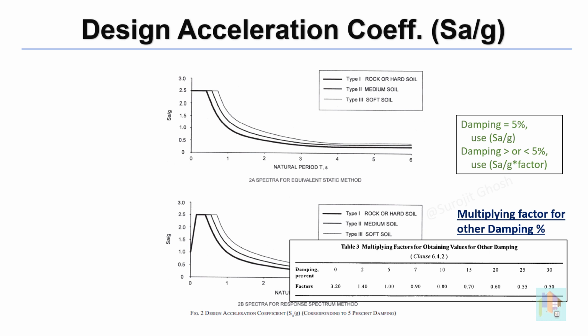In summary, first the natural period of the structure is calculated, and using that, we can compute SA by G using these equations or the graph. Soil class is available in the soil testing report of the project. It is easy. But what is this coefficient and how this is related to the ground acceleration?